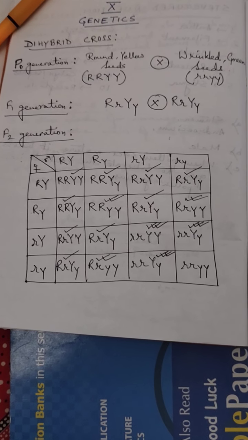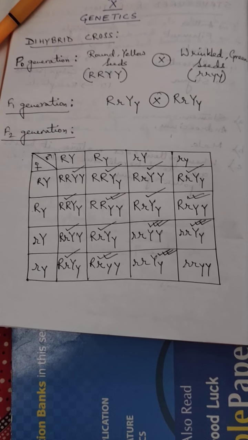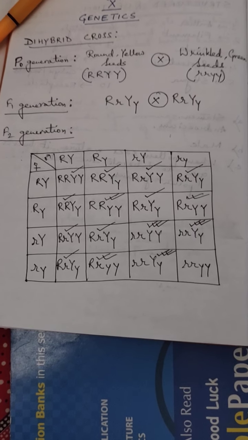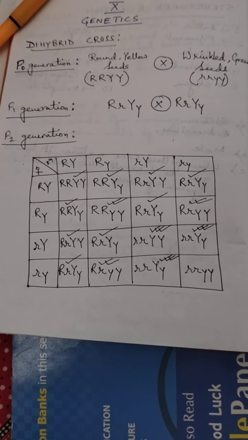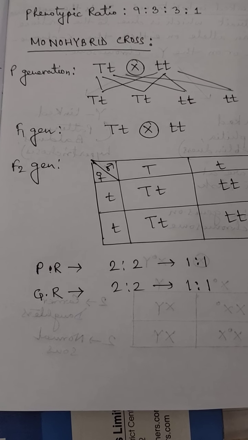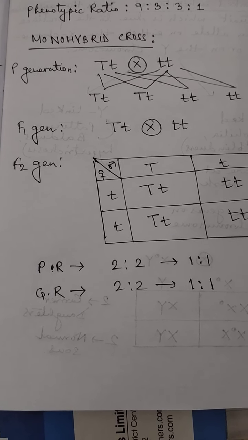So again, the next ratio is 3, and the only one left out is wrinkled green, that is small r, small y, that is only 1. So our required phenotypic ratio is 9:3:3:1. I hope it's clear.